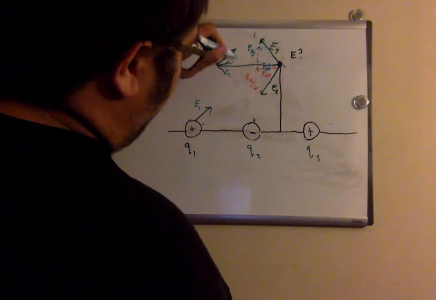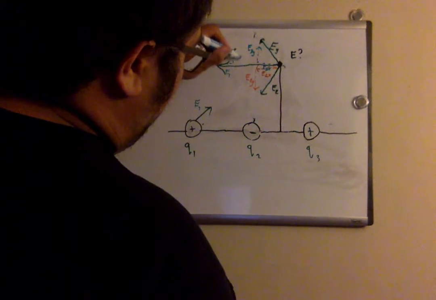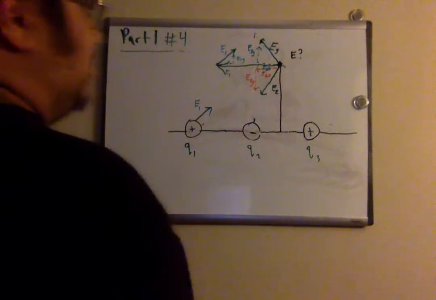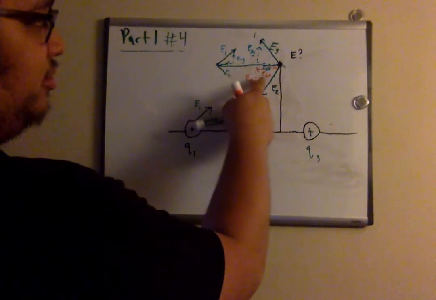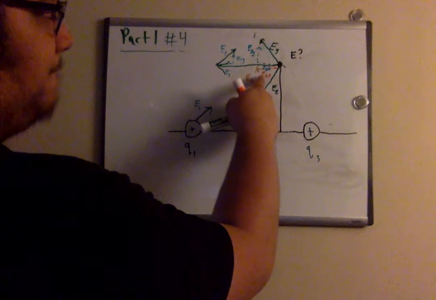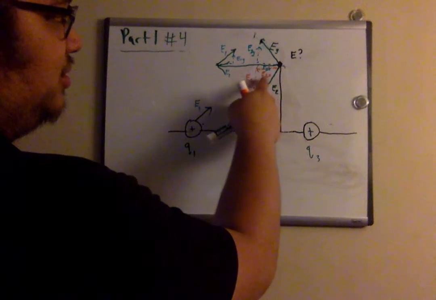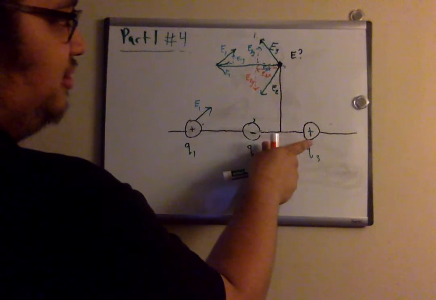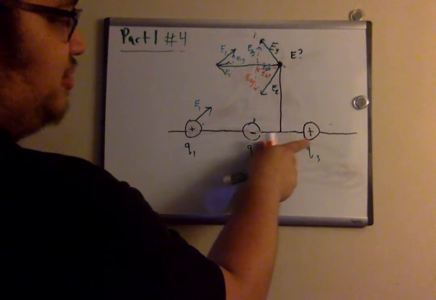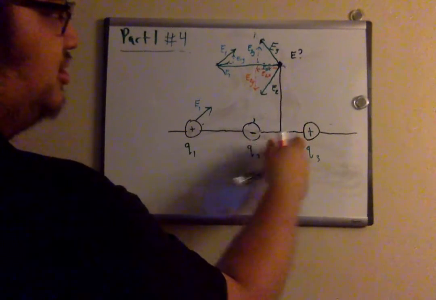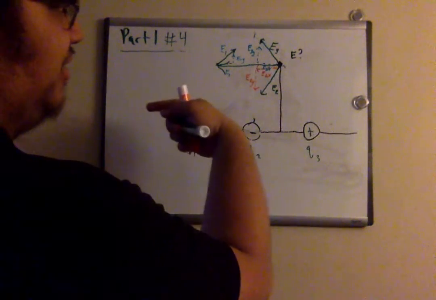But the Y component, E1Y, will push it up. So we know that the collective X components of these two charges for the electric field will push it to the left.